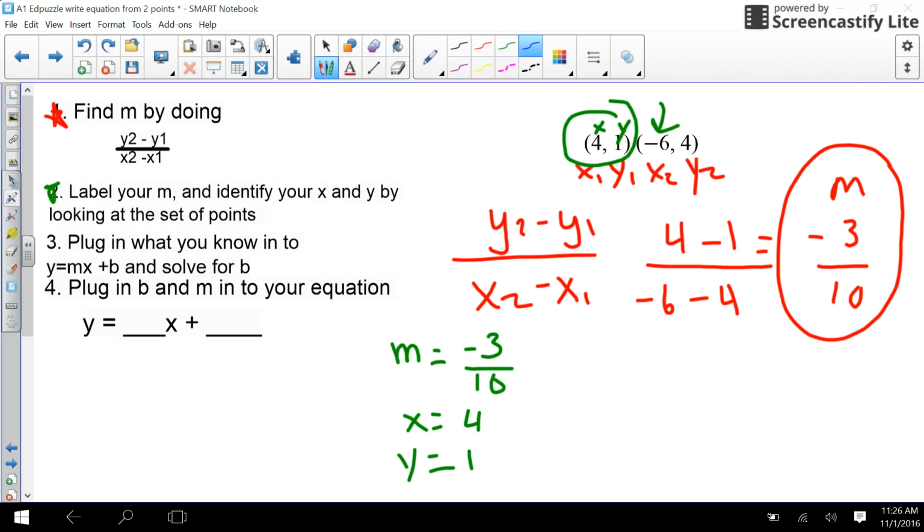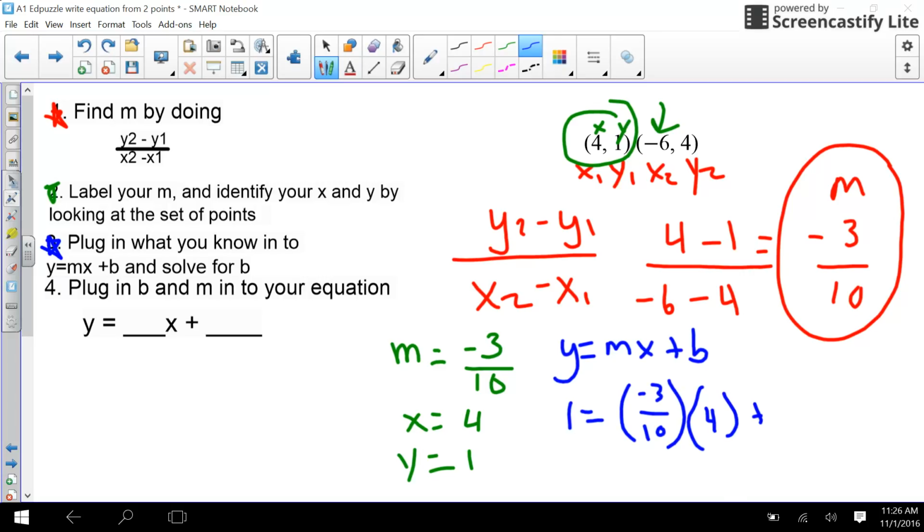Step 3 says plug in what you know into y equals mx plus b and solve for b. So here we go, y equals mx plus b. So y is equal to 1, m is negative 3 over 10, x is 4, plus b.